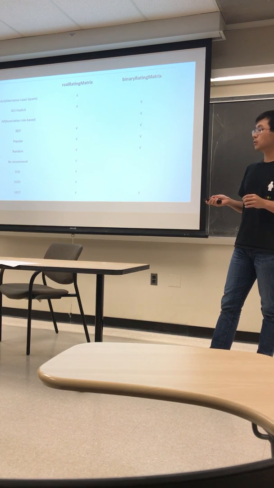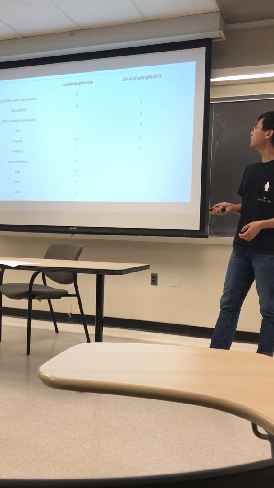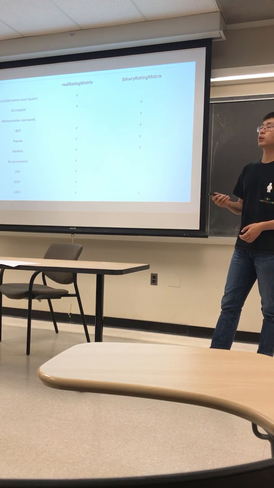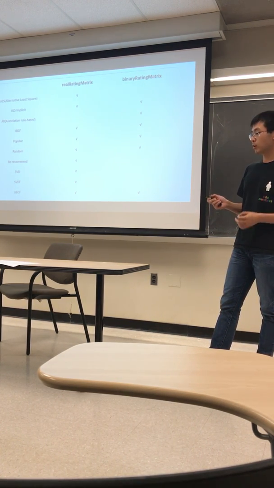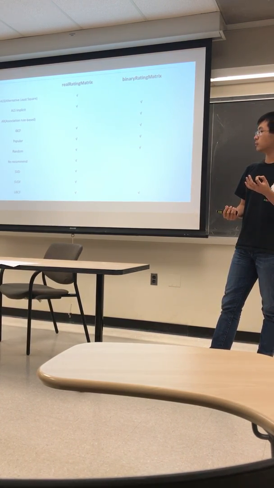But singular value decomposition can give you a matrix that has features on both users and items. By doing this, you can do the recommendation. And there's a problem with SVD: we know there are a lot of NA values in the matrix. So how do we fill out those values to do the decomposition? Should we fill them with 0? Or should we fill them with the mean of the row or the mean of the column, or whatever value?